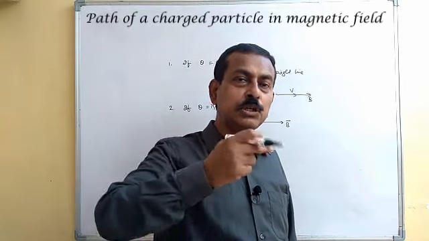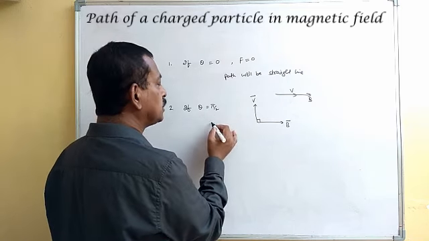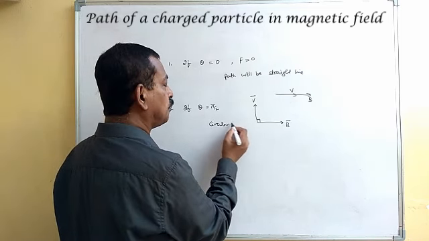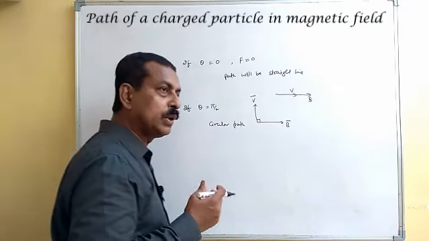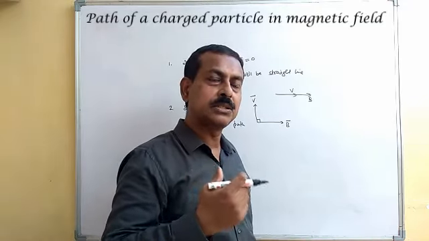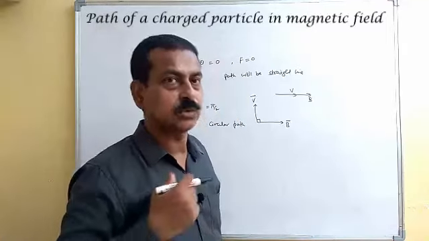So it will try to move in a circular path. This makes the path of the charge in the magnetic field circular.